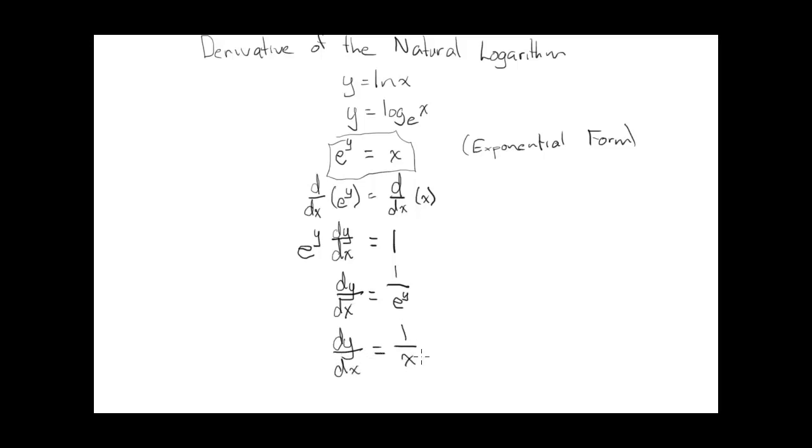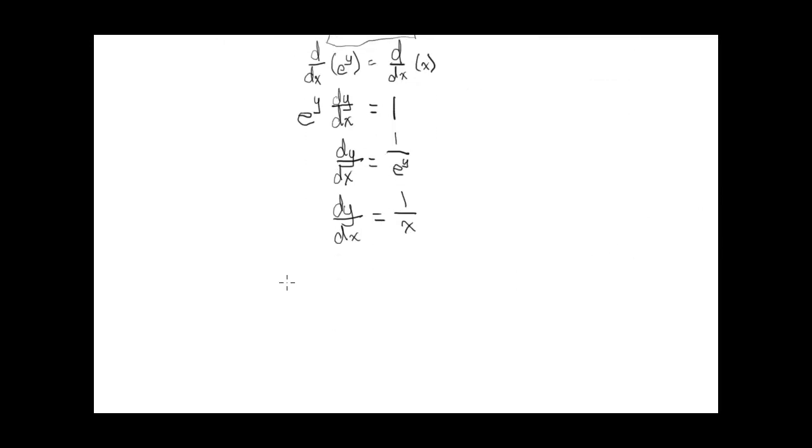Okay, so that's the rule. The derivative of the natural logarithm of x, or ln x, is equal to 1 over x. So let's just write that down as a rule. Therefore, the derivative of ln x, or the natural logarithm of x, is 1 over x.